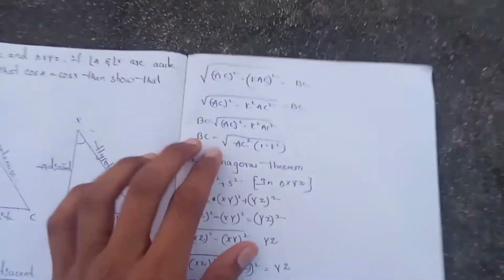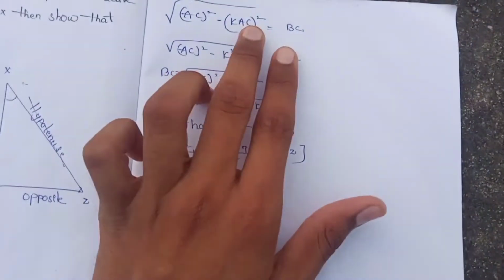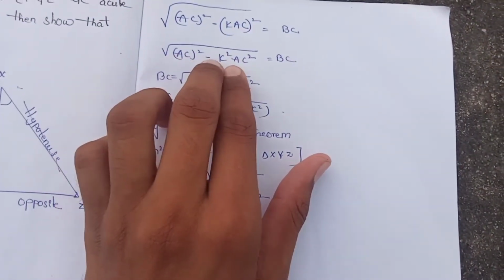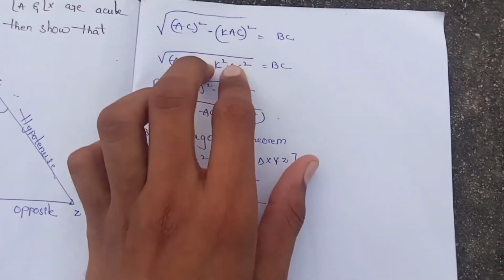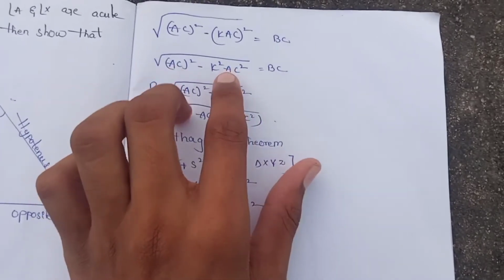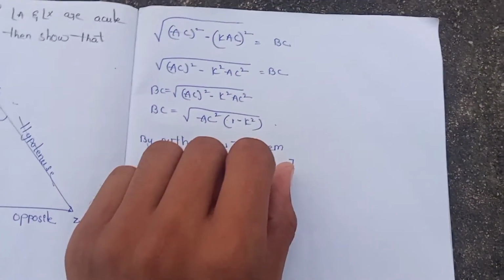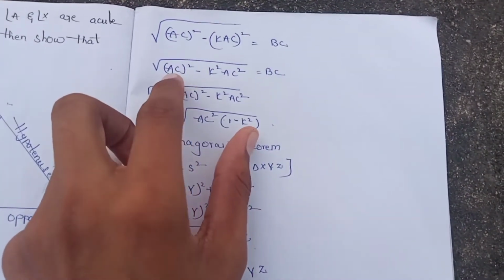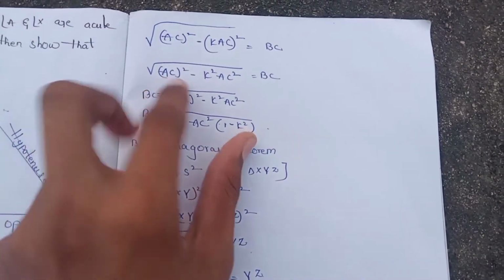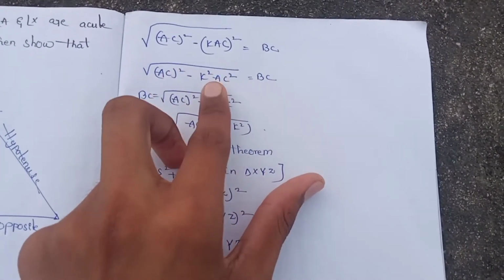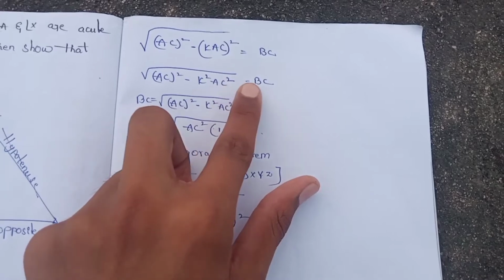Now we have to separate it. Root of AC square minus K square AC square, because AC square is there on this side, so we write it common. K square AC whole square is equal to BC.